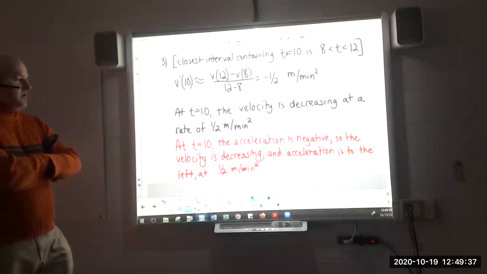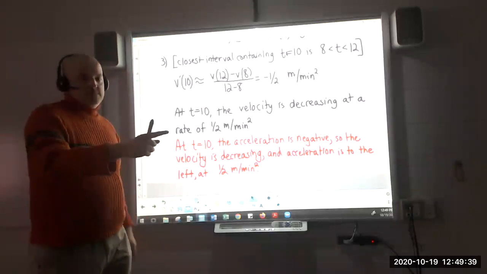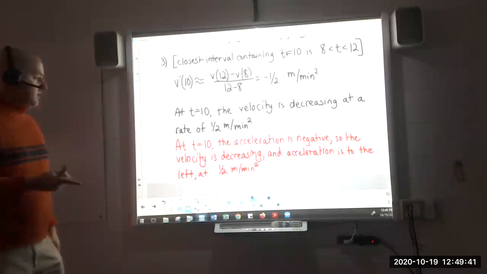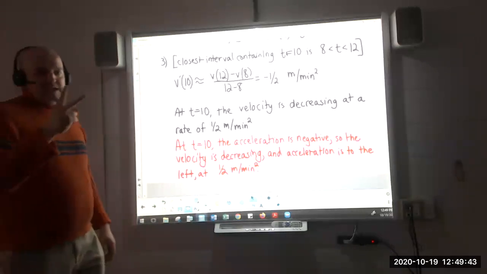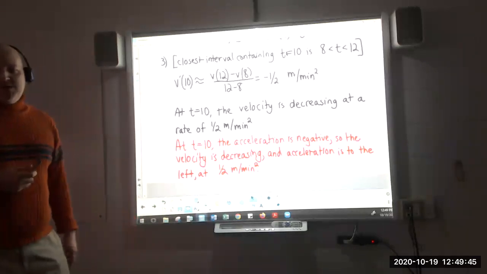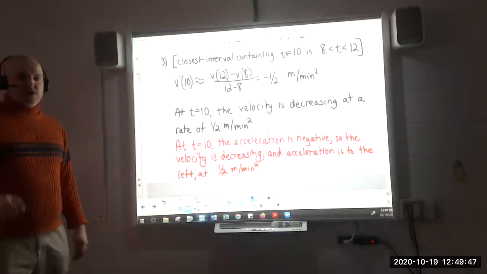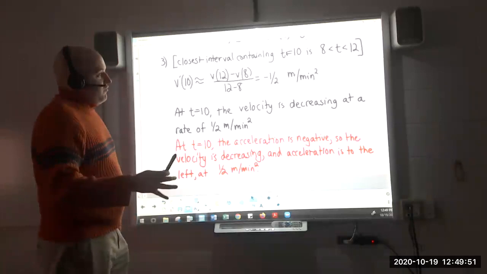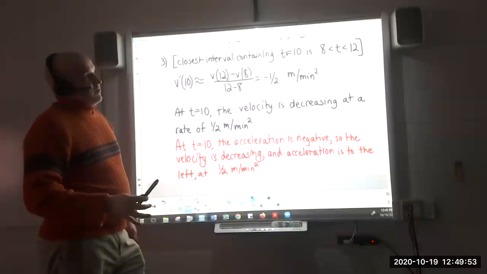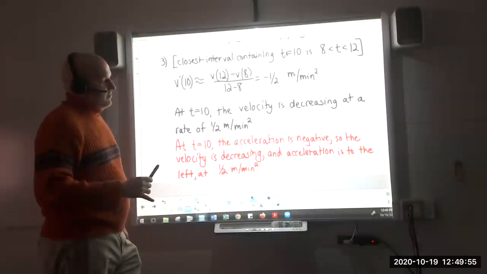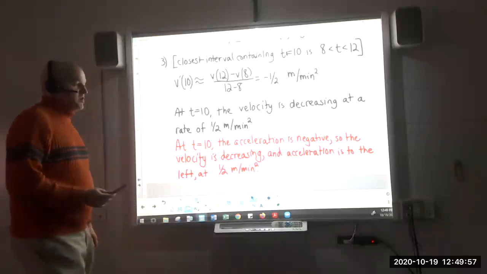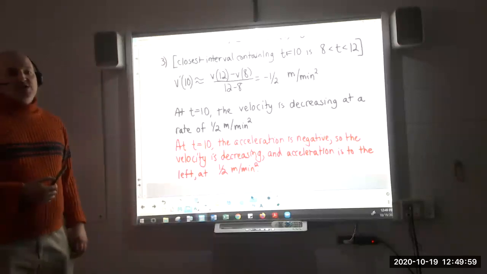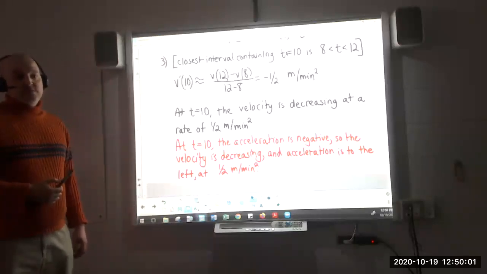A negative acceleration means two things. It means, first of all, the velocity is decreasing, and second of all, and you may not have made this connection, but I said acceleration ditto velocity. Well, if the velocity is negative, then the particle is moving left. If the acceleration is negative, then the acceleration is also to the left.